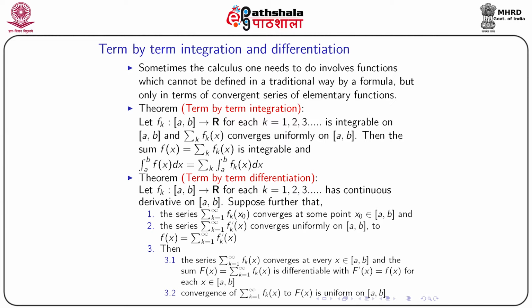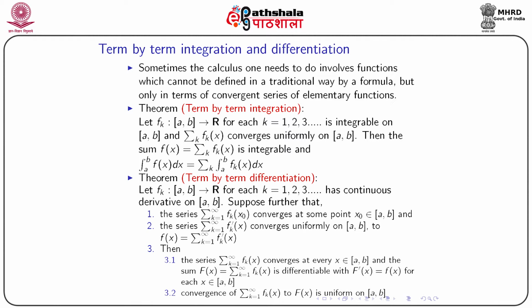So this is the setup: all the functions which map the closed interval [a,b] to R are integrable, and the series sum over f_k(x) converges uniformly on that interval.